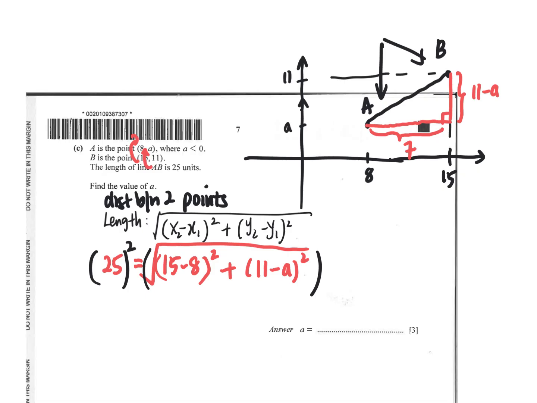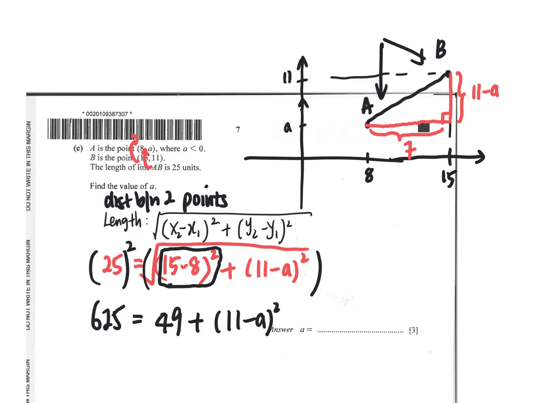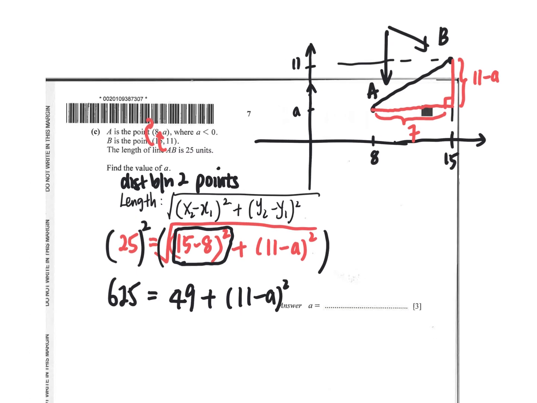Okay, so you will get 625 here. And then on the right, the square root disappears. So this one is just 7 square, which is 49. Then this one, keep it. So 625 minus 49 is 576.